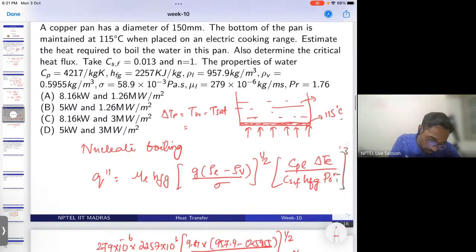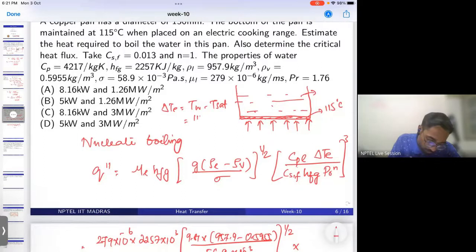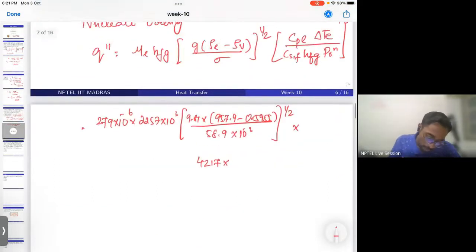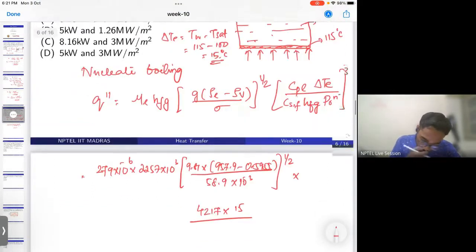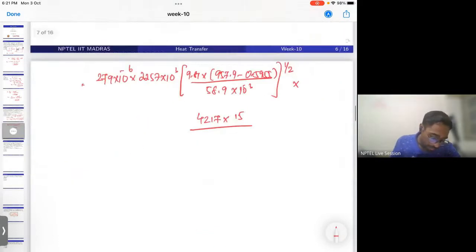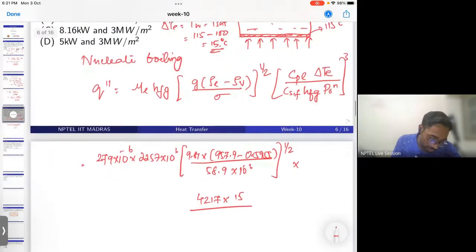It's given 115 degrees Celsius, so 115 minus 100 is around 15 degrees Celsius. So 15, all divided by CSF. Okay, this CSF, we will take this as 0.015, and N is equal to 1.